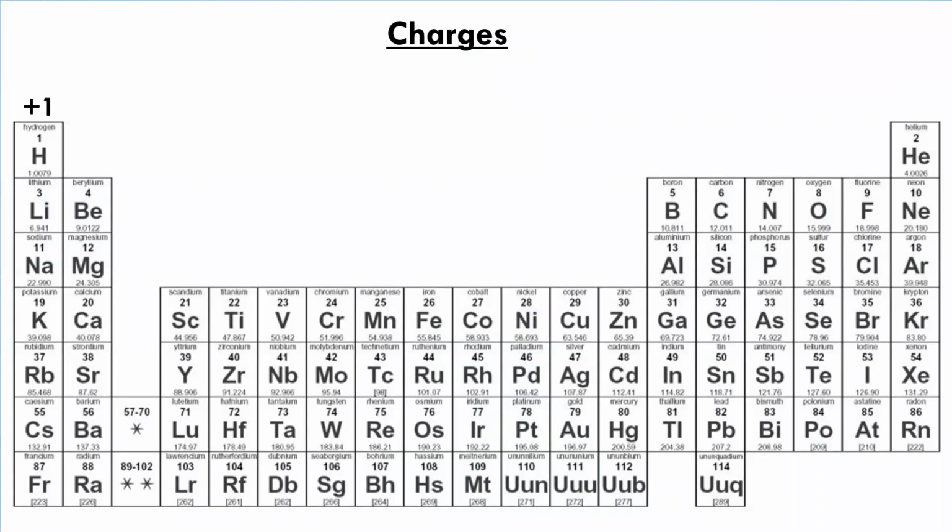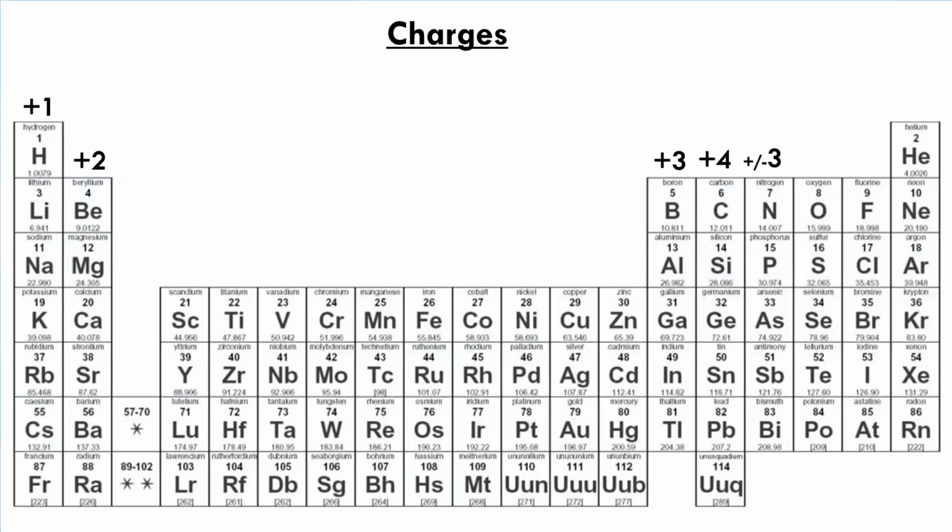So write +1 at the top. You don't need to know about it now, but just write it down. The second family, beryllium down to radium, have a +2. I'm going to skip over the transition elements right now. I'm going to go to group 13, so boron, aluminum, and so forth down have a +3. Carbon, silicon, germanium, and down have a +4.